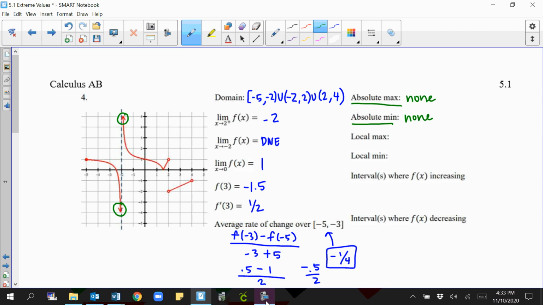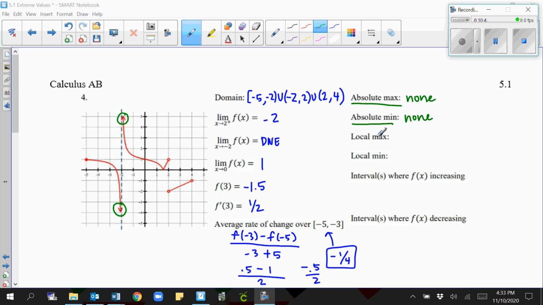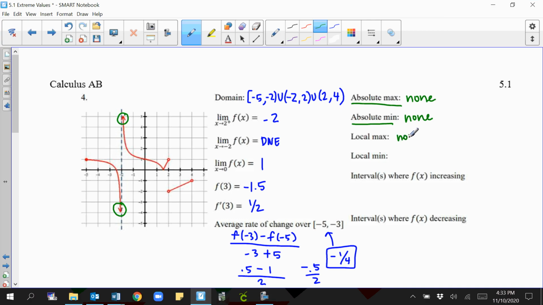So let's see if there's a local max or min. If I'm looking at my local max, if I look at this interval before the asymptote, there's not really a maximum. And then in this interval, there's not really one either. So for local max, I'm also going to say none. So let's look at local min. In this one, we've got that arrow, so it's not really a minimum there.